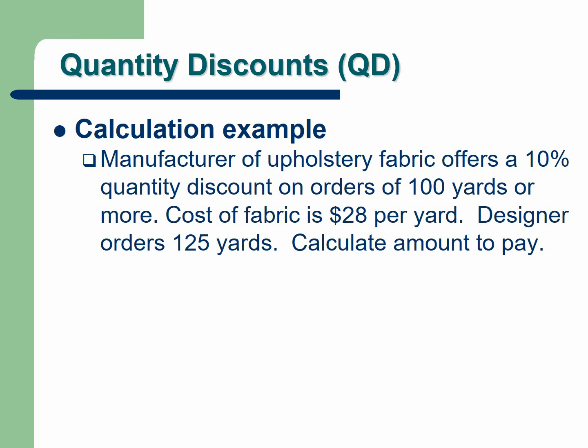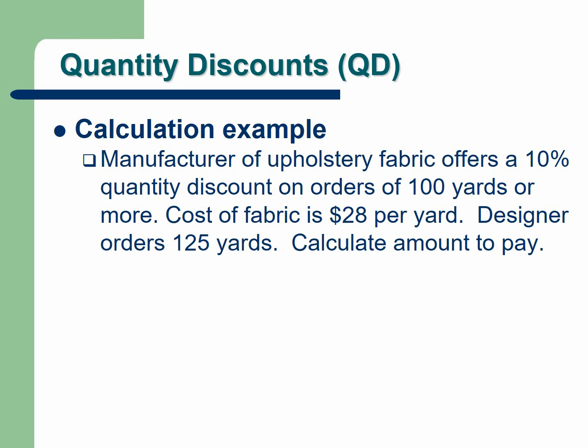So there will be a quantity discount, and in this case, it's a 10% quantity discount according to the problem. The question is asking you to calculate the amount to pay. So this is the bill cost after quantity discounts have been taken off. How much do you have to pay as the bill cost? That's the question.